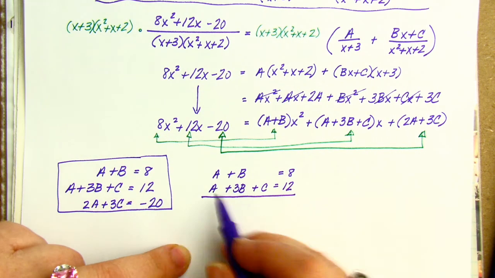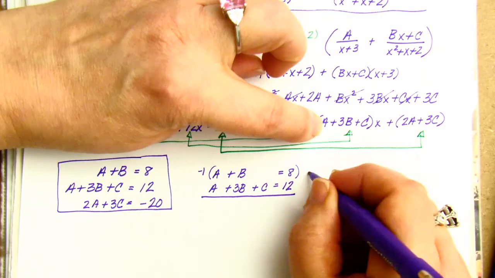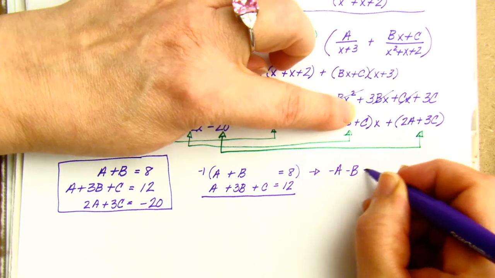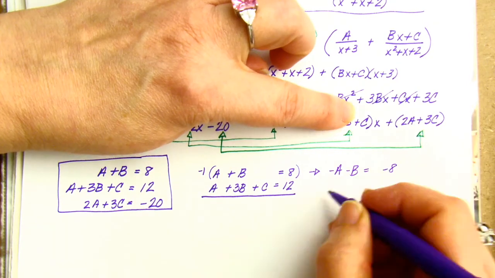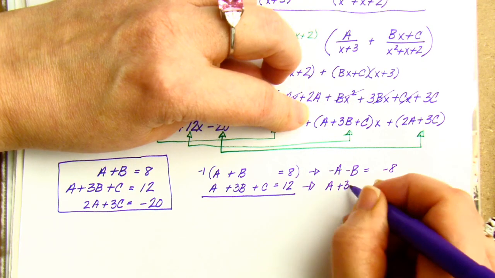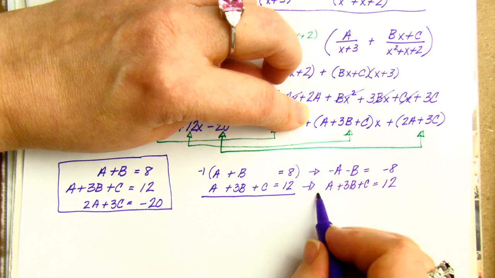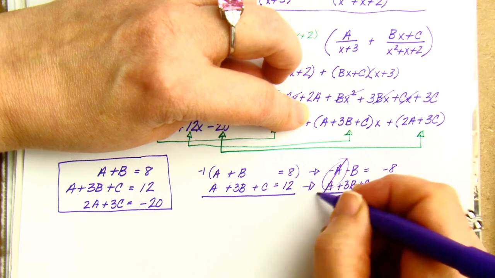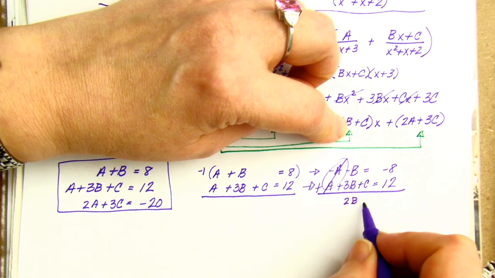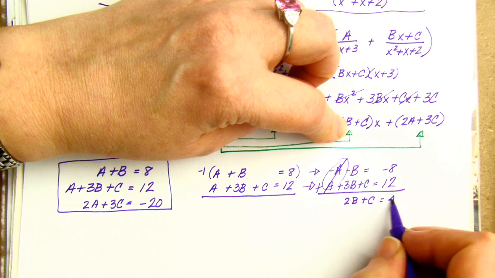Now I don't have opposites, but if I multiply this by negative 1, I will. So I get negative a minus b equals negative 8. A plus 3b plus c is 12. Here's my opposites. Negative b plus 3b is 2b plus c equals 4.